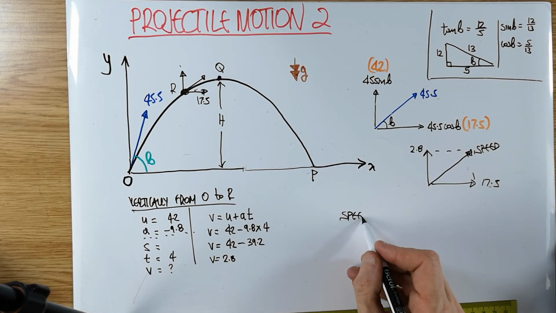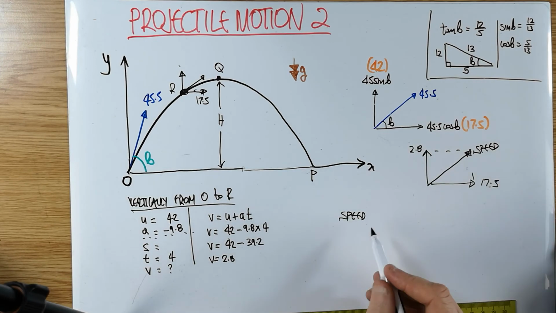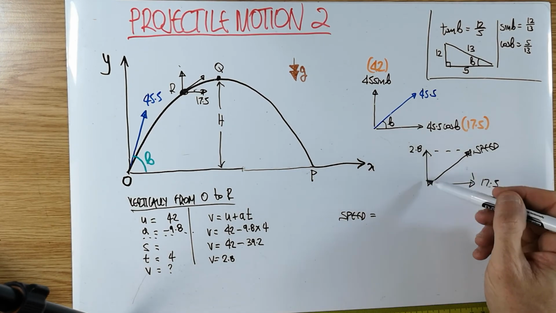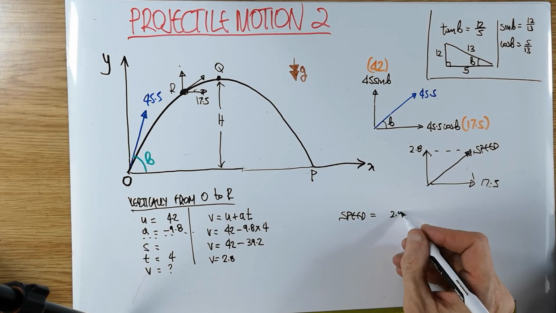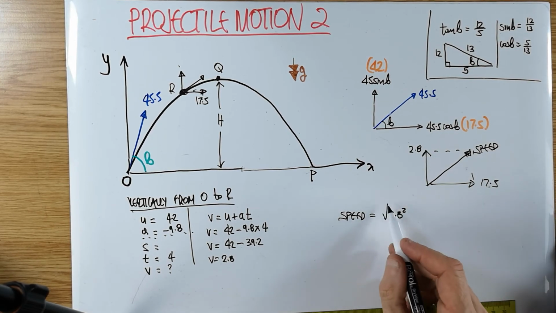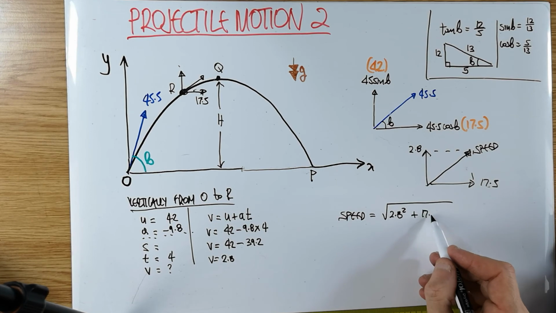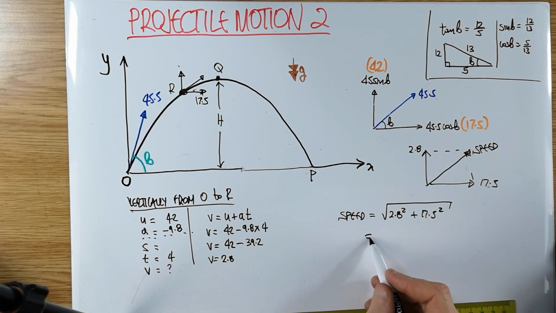The speed from this type of diagram is a resultant. It's always Pythagoras when you're combining vectors like this. 2.8 squared plus 17.5 squared, square rooted, and definitely a calculator for this. I'm not going to attempt this in my head.